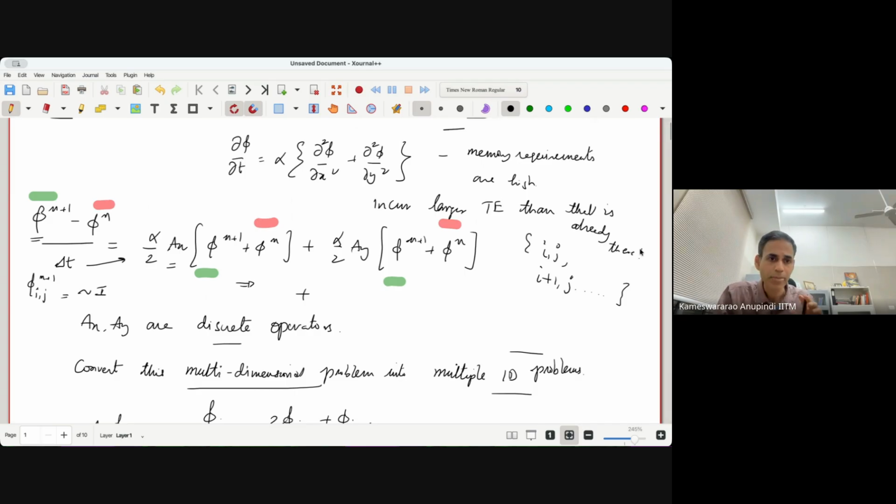We want to only incur truncation error of the same order as the existing truncation error, or higher order, but it cannot be lower, because then it is going to change the order of accuracy of the scheme we are using. For example, you are using a central difference scheme. If you introduce errors lower than this truncation error, they are going to erode the accuracy of the scheme. Okay, so this was order delta t square, order delta x square plus order delta y square.